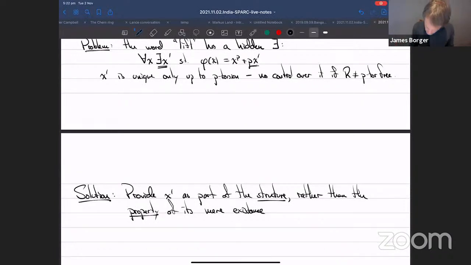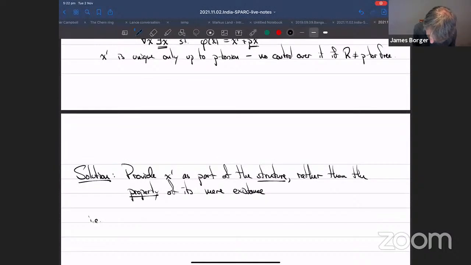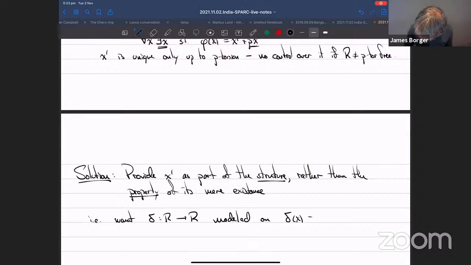That is, instead we'll take the Frobenius lift property and replace it with the structure of a set map, which is modeled on this.